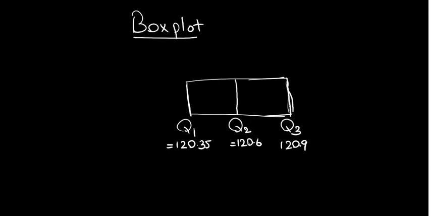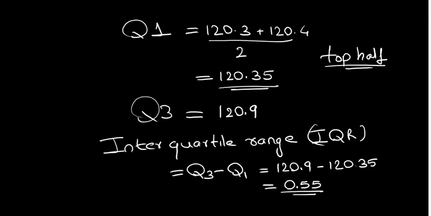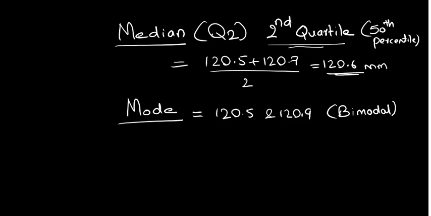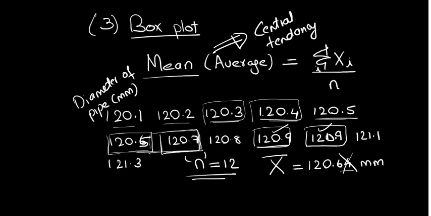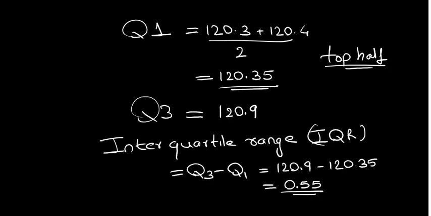And then in a box plot you typically see whiskers, which are lines protruding out from this box. There are two lines, one to the left of the first quartile and one to the right of the third quartile, and normally these are drawn to scale. What are these whiskers? The whiskers correspond to the minimum and the maximum. The minimum is 120.1 and the maximum is 121.3.